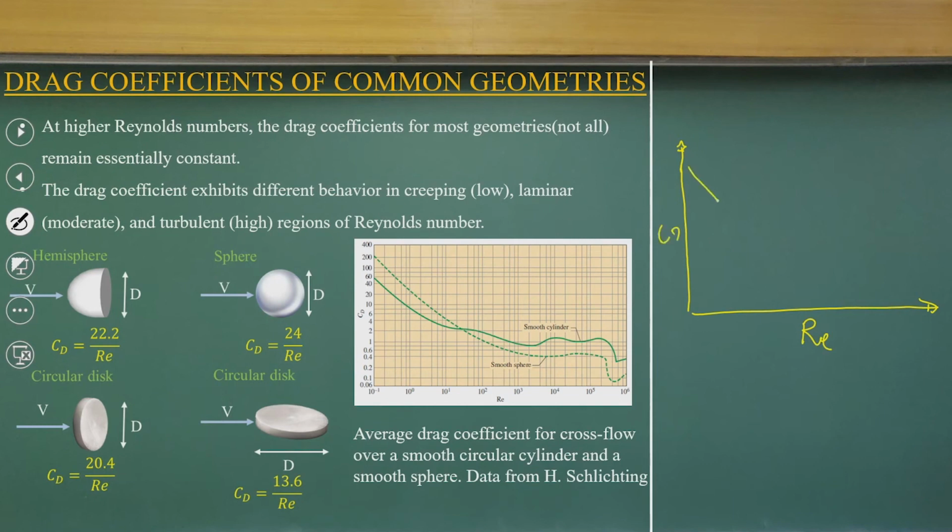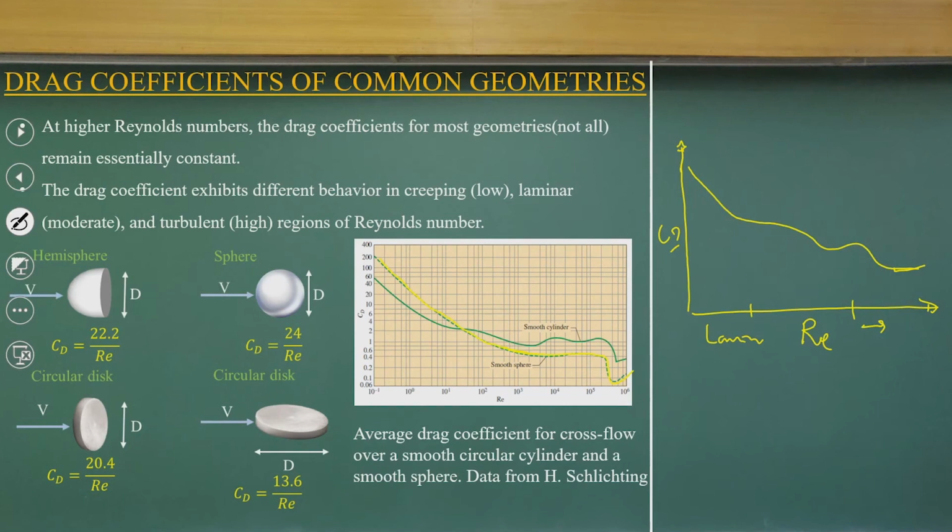The first part is linear, and beyond this there is turbulence, and there are the laminar regions. The drag coefficient varies between the creeping flow, the laminar flow, transition and turbulence, and then again decreases. This is the linear part, followed by these parts.